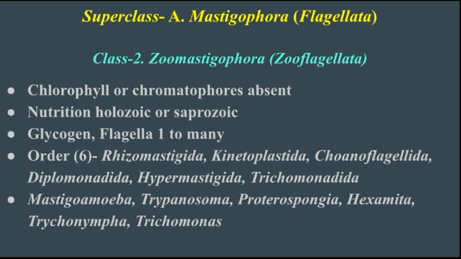Diplomonadida is Hexamita. Hypermastigida is Trichonympha. And Trichomonadida is Trichomonas. These are the examples of these orders of the Zoomastigophora.